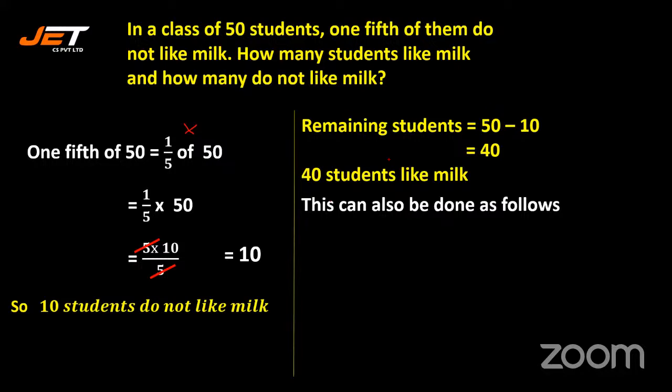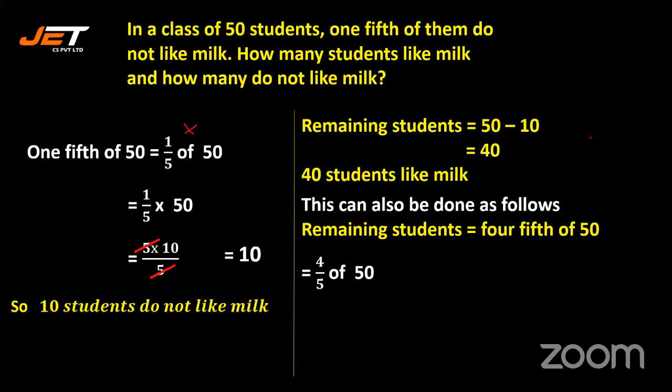If 1/5 of the students do not like milk, remaining is 4/5 of 50, because 5 parts, right? Out of 5 parts, if 1/5 part is the one that does not like milk, remaining is 4/5. So 5 minus 1, that is 4.